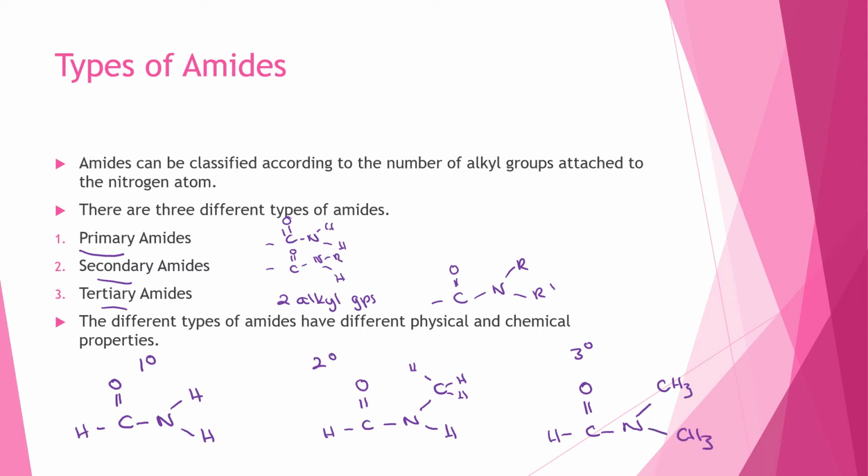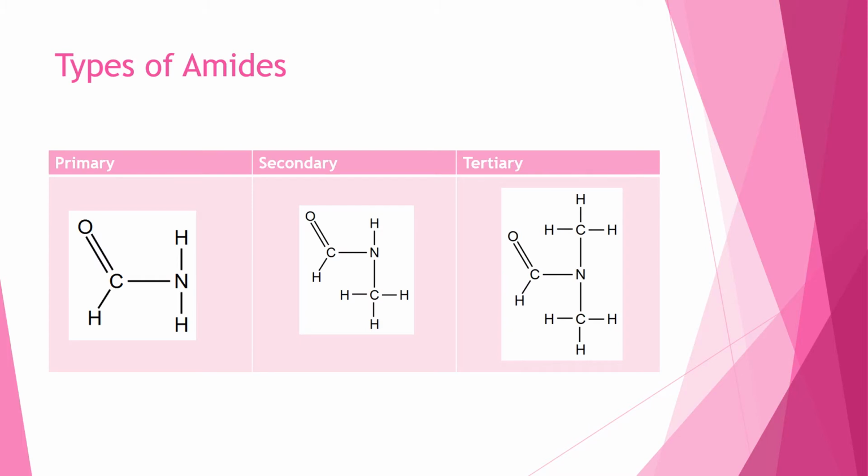In our course, we will only be looking at primary amides. We have some examples of primary, secondary and tertiary amides. So they are all methanamides because there is 1 carbon attached to the carbonyl group.